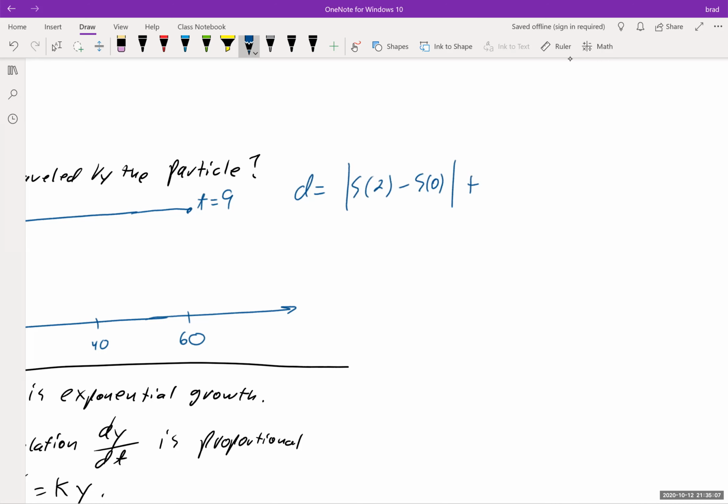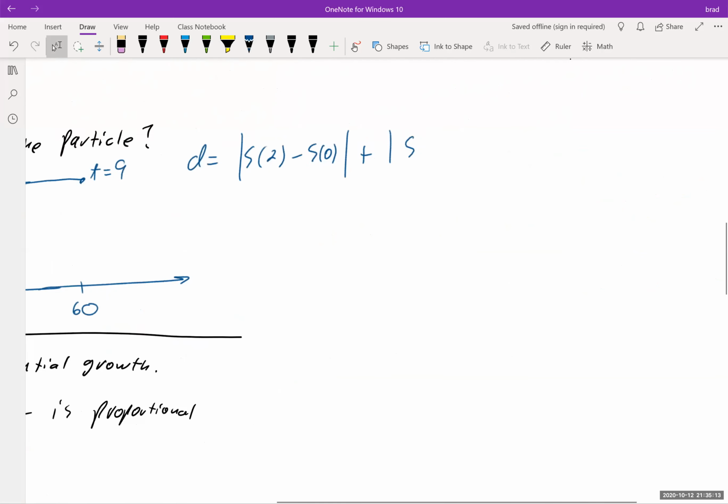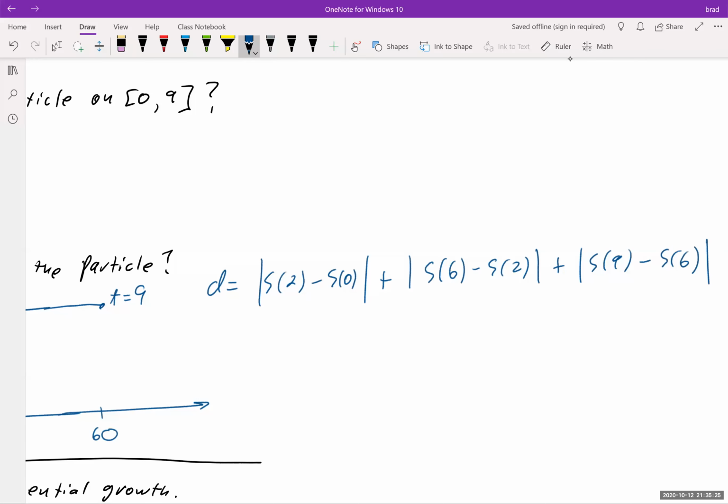Then I have to add, when was our other turning point? 6. It turns back the other direction at 6. So S of 6 minus S of 2, plus S of 9 minus S of 6.